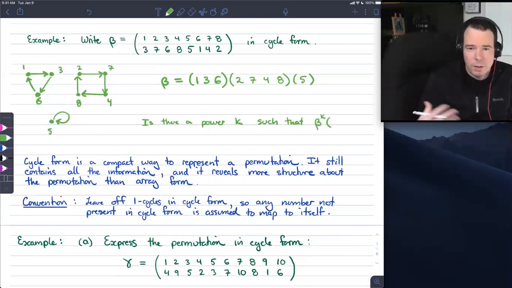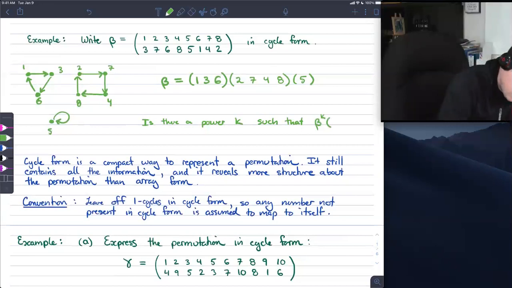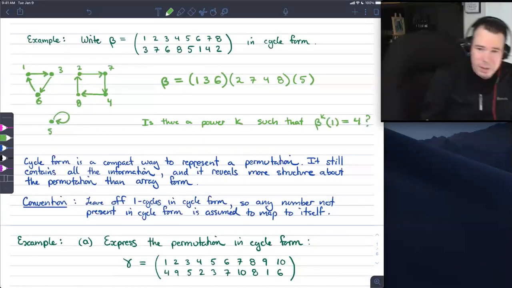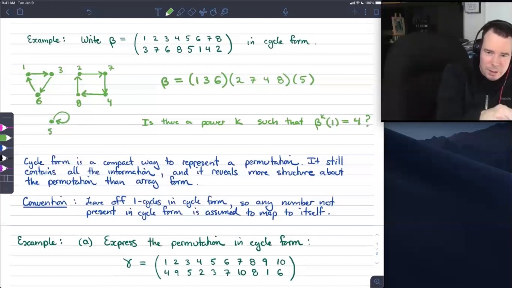Beta, beta squared, these are permutations, input, output, such that beta to the k of 1 is 4. So is there a way to power up beta so that you multiply beta to itself many times and get it so that when you put 1 into that thing, a 4 comes out? What are your thoughts?